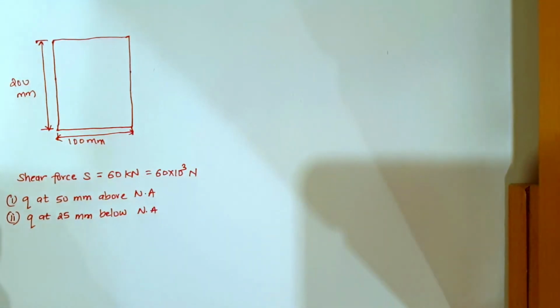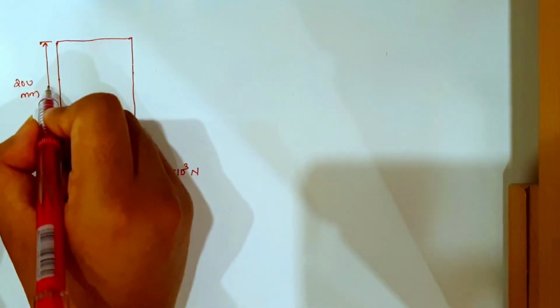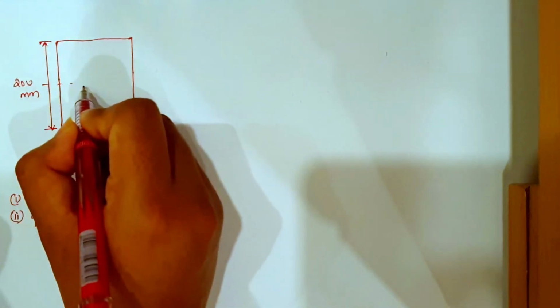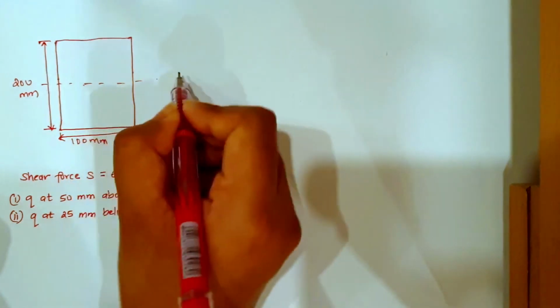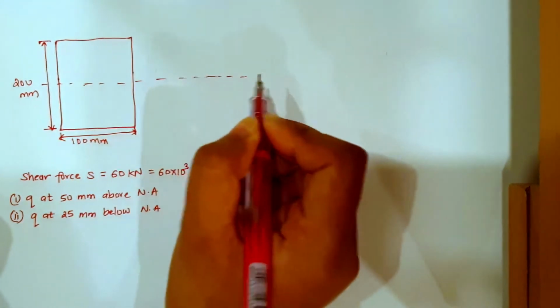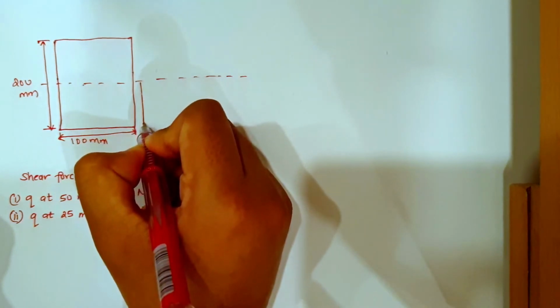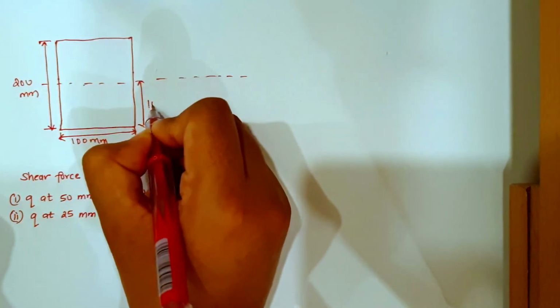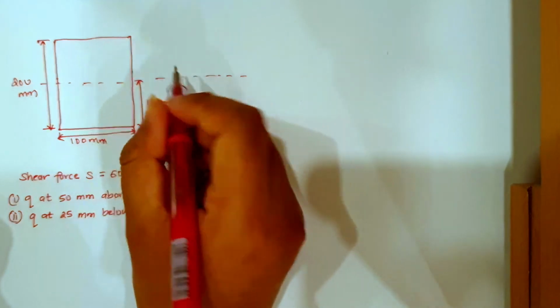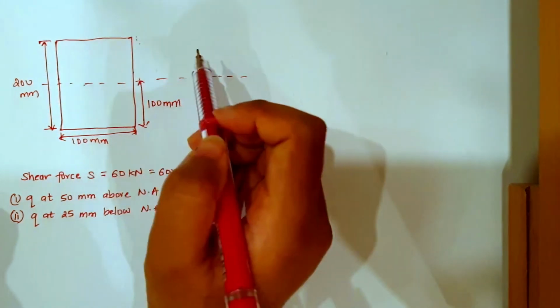Okay, so how do we find here? So this is a symmetrical section. So for symmetrical section, we'll have something like this, right? Neutral axis will go right from the middle. So from here to here we have 100 mm, and the other half from here to here it will be 100.